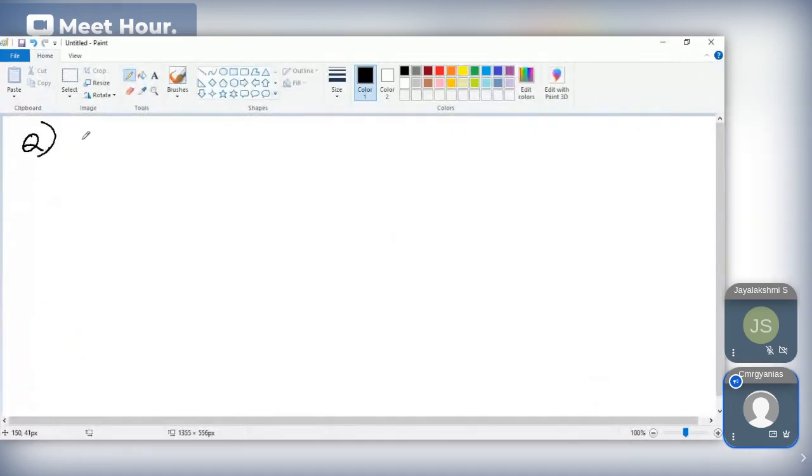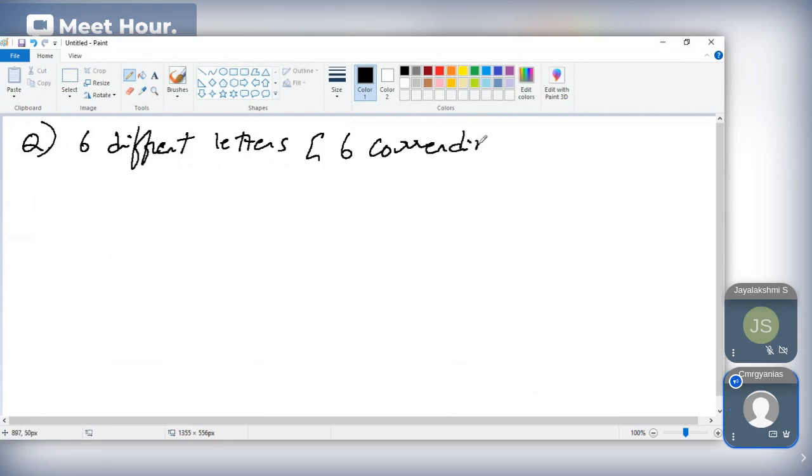There are six different letters and six correspondingly addressed envelopes.